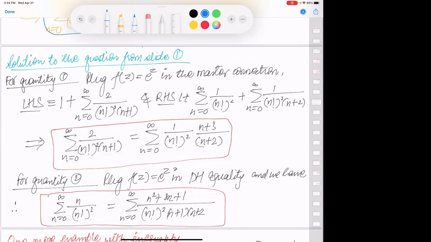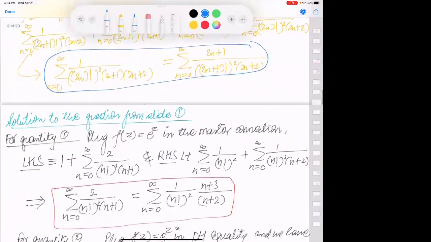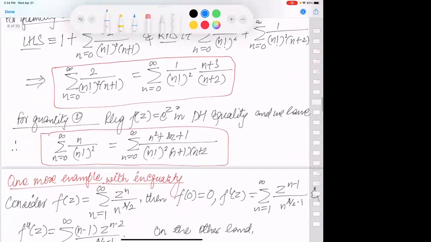For quantity 1, just plug f of z as e to the z into the master connection that I talked about a while ago. For the second quantity, if you plug e to the z into the DH equality, the equality which connects Hardy and Dirichlet, then you get the second equality in quantity 2.